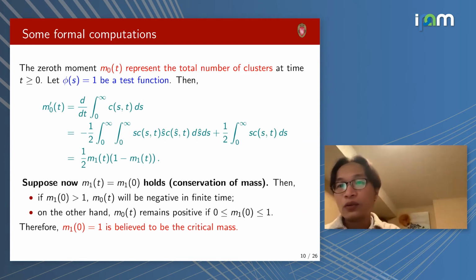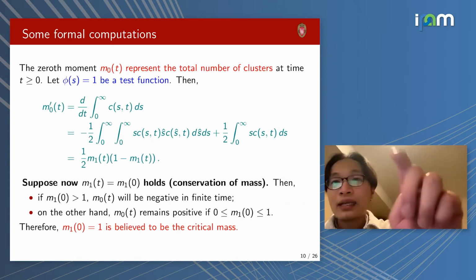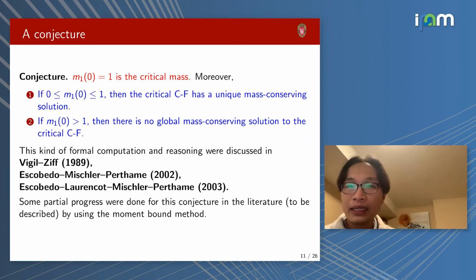If you're bigger than 1, then you're going to lose mass and run into trouble after some finite time. But between 0 and 1, you should be fine. And that's exactly what was done by Escobedo, Laurençot, Mischler, and Perthame.